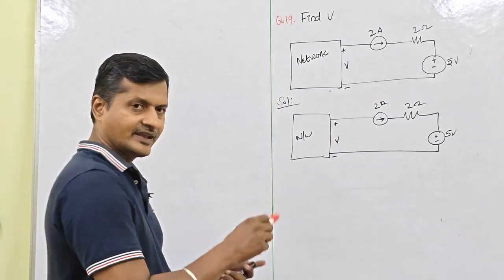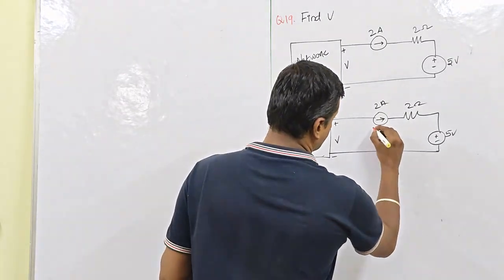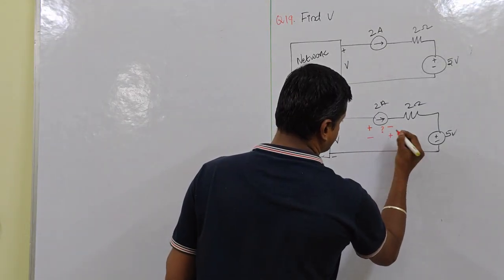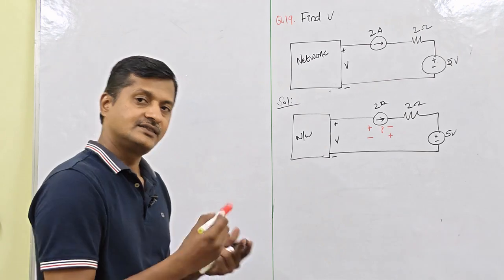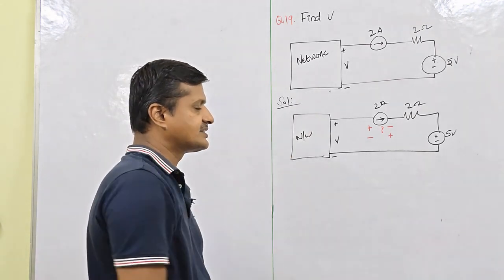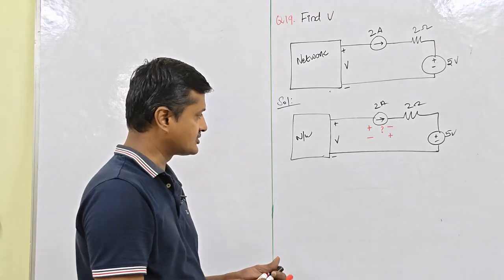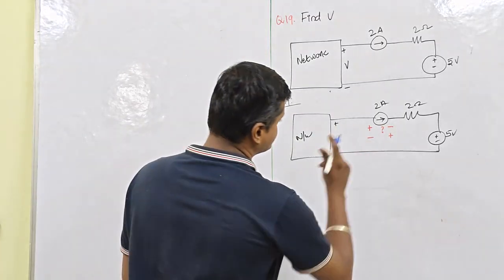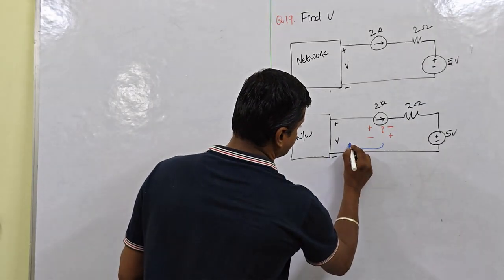But what is not given here is the polarity, plus or minus, or minus or plus. I don't know the polarity. Okay, based on the current direction, I am assuming and writing the equation. For example, the current flowing in this direction, we write the equation in this direction.